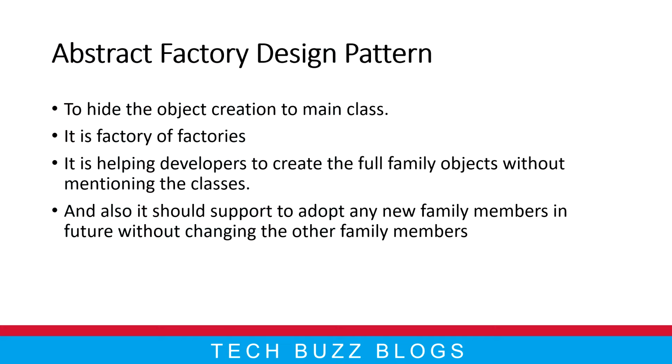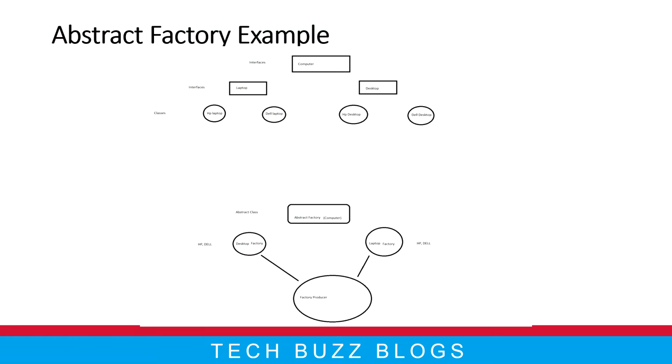I drew a very rough diagram to show you some more details. If you see on this screen, this is my computer, and this is the interface. A computer shop will have laptop as well as desktop, so that is also an interface. For example, if I introduce one more product, a tab, that also falls under here.